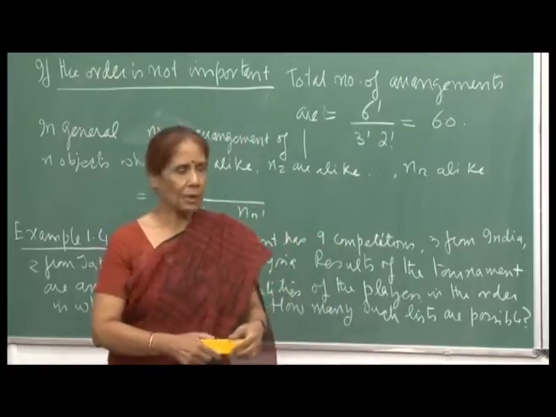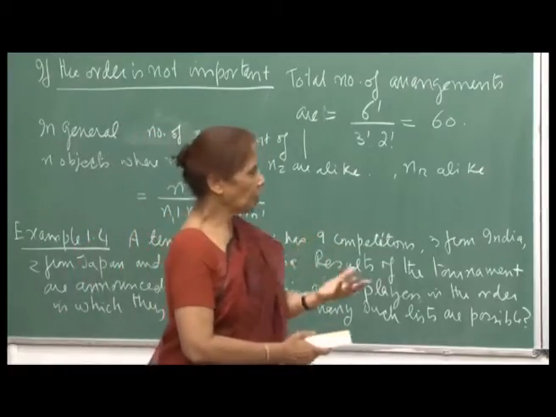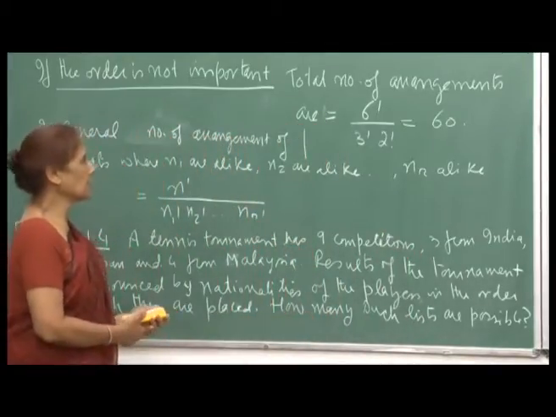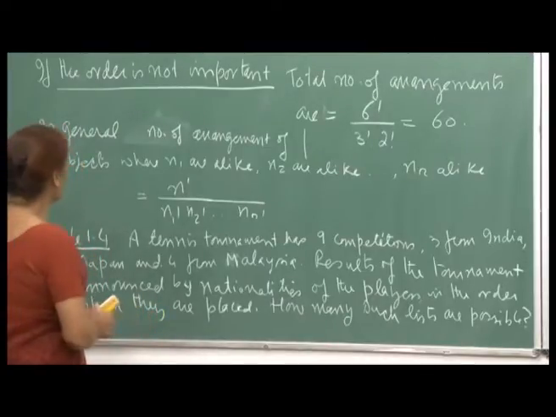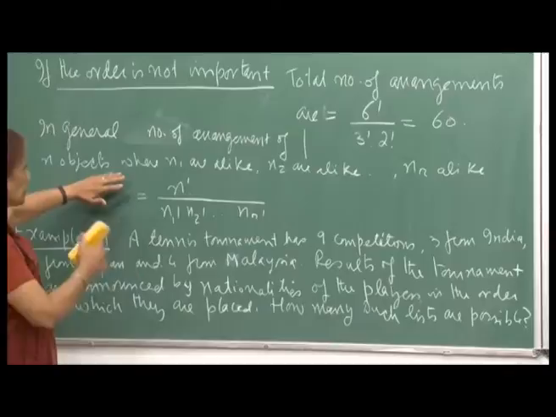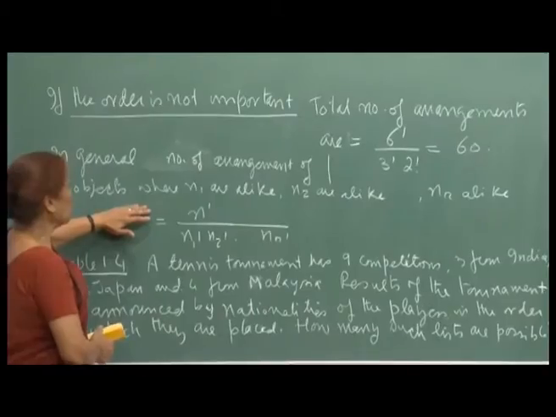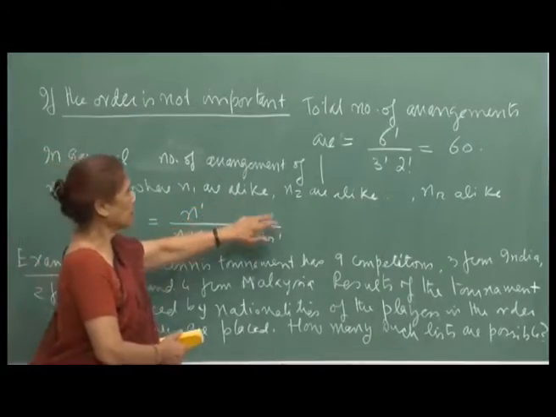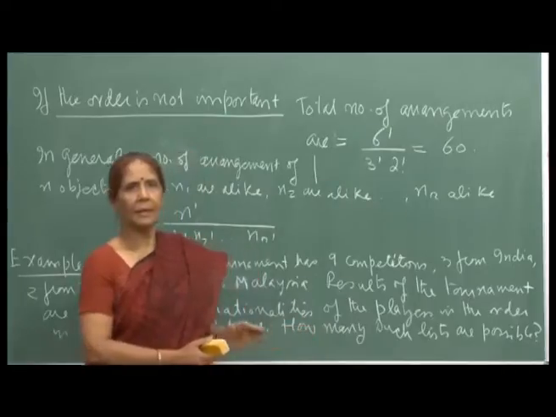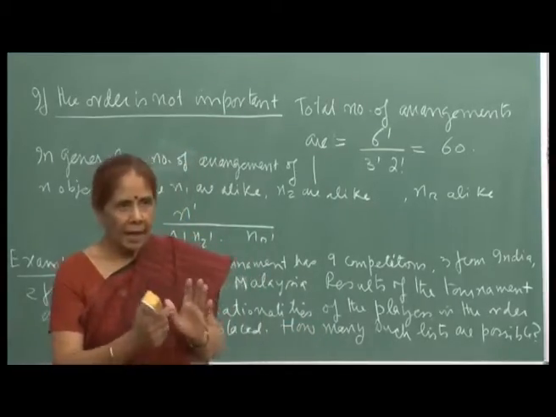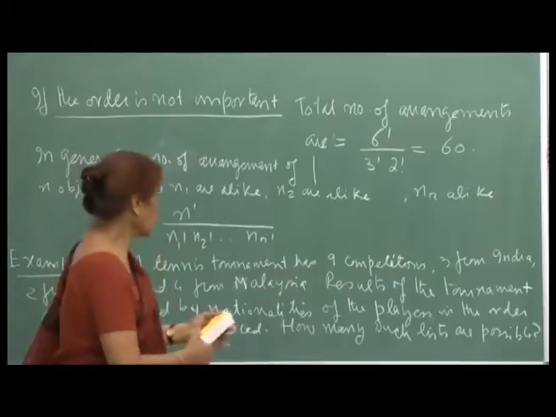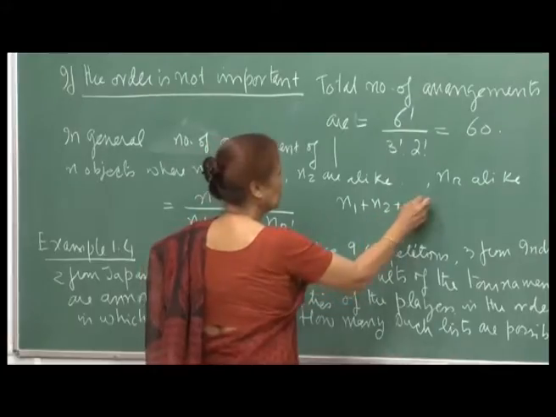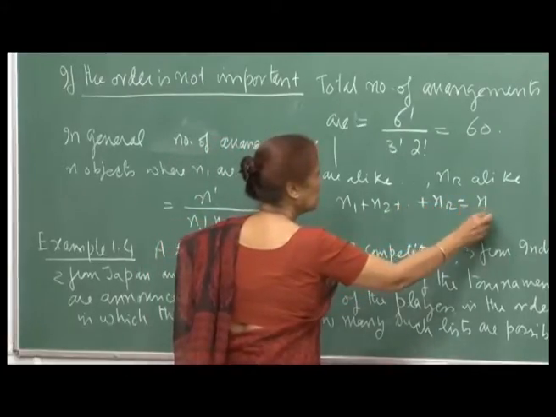So, this is what I am trying to come to. In the permutations, the order was important, and then I said the total number of permutations, that means that the order of the objects was also being considered, right. So, now the general principle that I am trying to enunciate: in general, the number of arrangements of n objects where n1 are alike, n2 are alike and nr are alike. That means there are only r different kinds of objects, and therefore, surely here n1 plus n2 plus up to nr adds up to n, right.